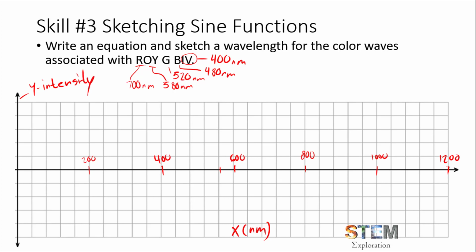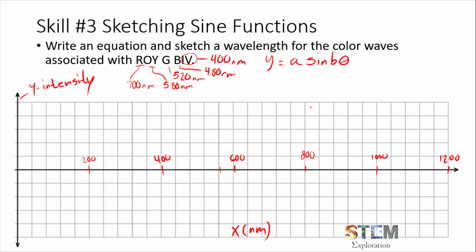What we can do is create a sine function representing this wavelength. If we take the same idea that we've been exploring previously, where y is equal to a times sine of b theta, well, b is the number of cycles between 0 and 2 pi.